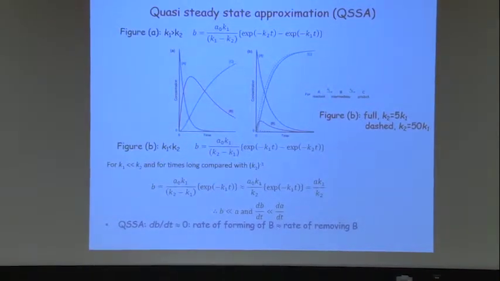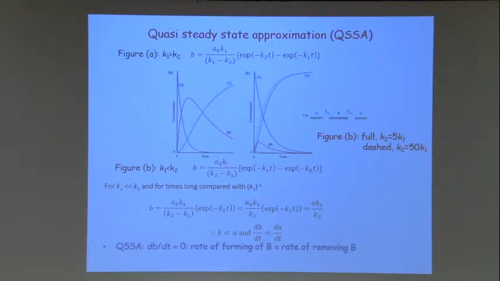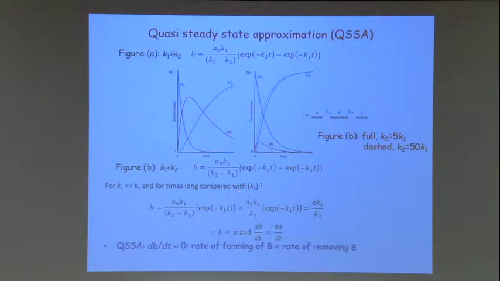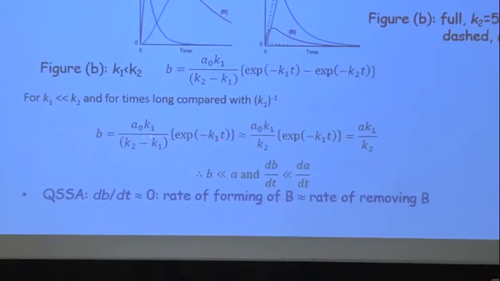Now, supposing we've now got K1 very, very much less than K2, and let's look at times which are long compared with K2. So we can now omit this term here. B is built up, and we're simply left with B being equal to A0 times K1 over K2 minus K1 times the exponential of minus K1t.